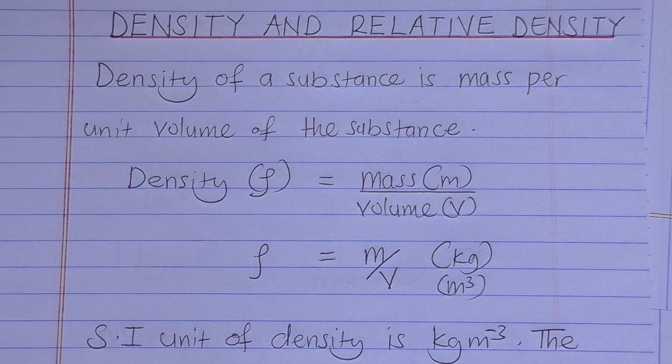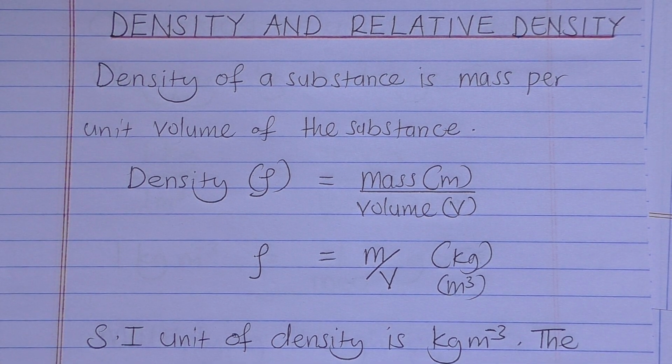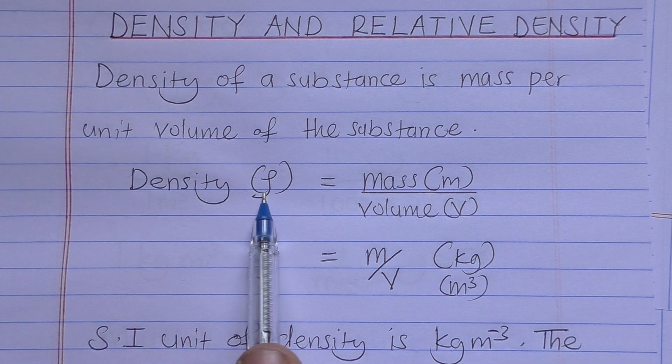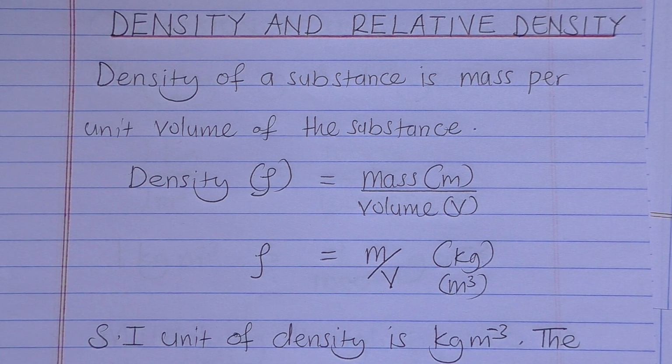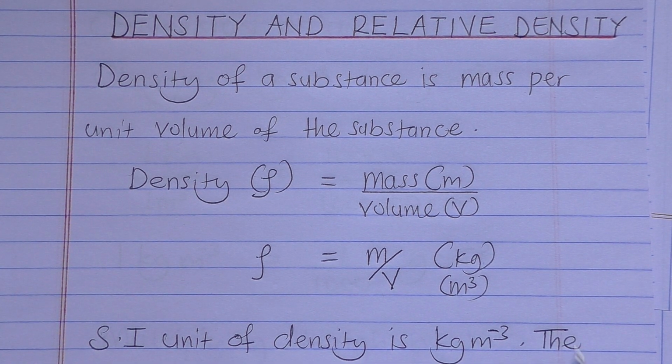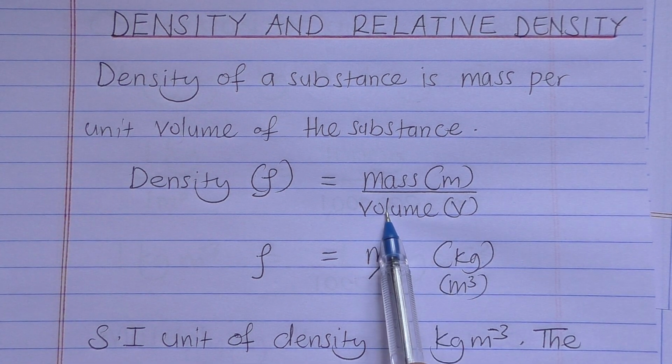And therefore, from that definition of density, we shall get the formula and the units of density. Density is denoted as rho. Rho is the symbol for density, which is given by mass m over volume v.